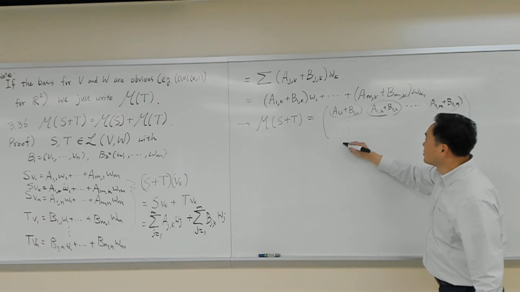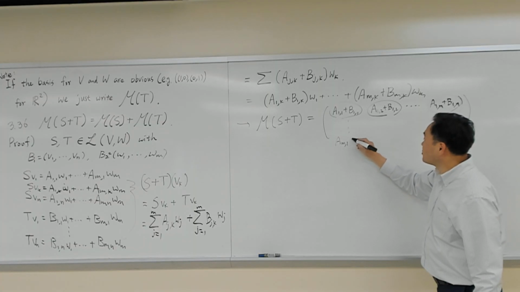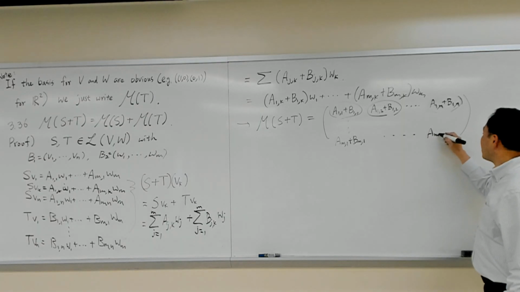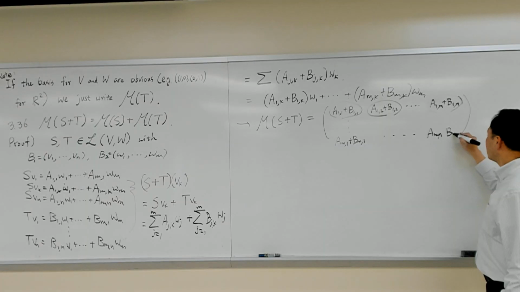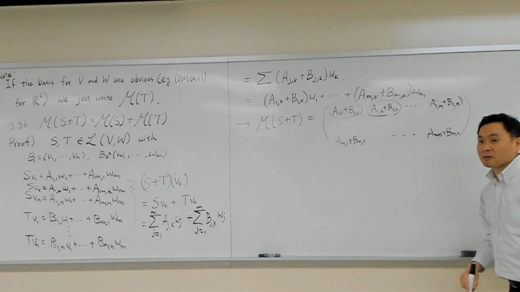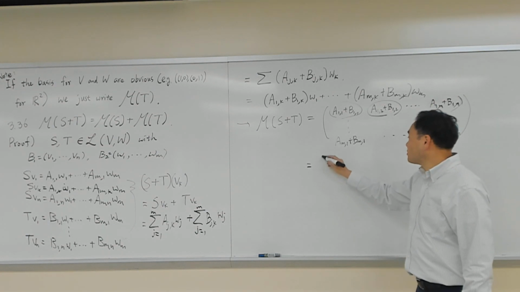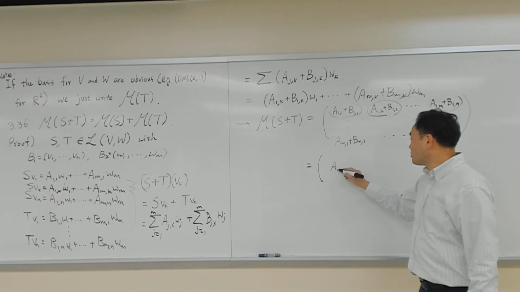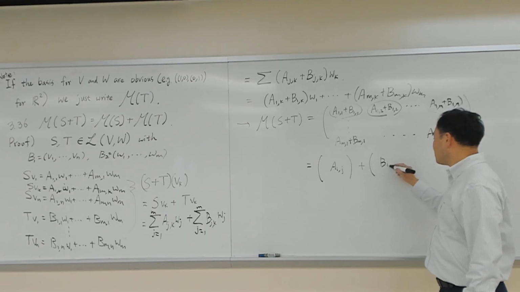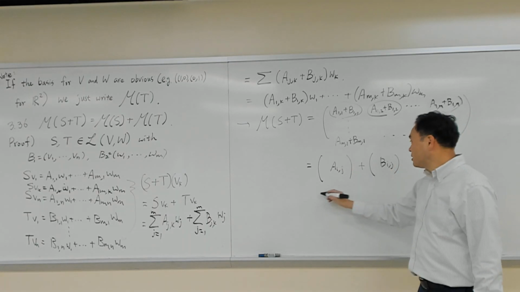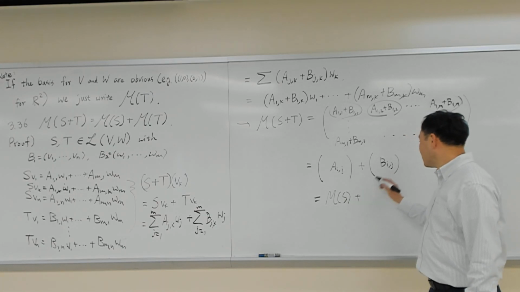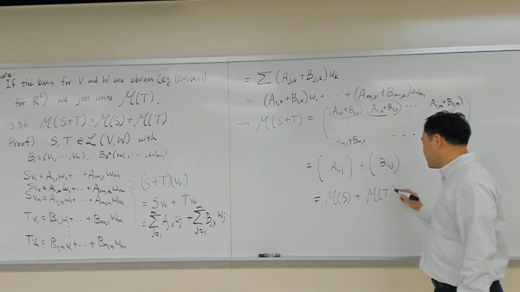Then going down here, that's Am1 plus Bm1, and then this will be Amn plus Bmn. Just like that. And that is indeed the sum of the Aij's plus the sum of the Bij's. Individually, this one is the matrix of S, and this one is the matrix of T.